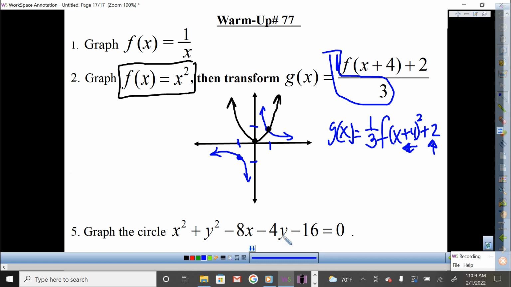So before we move it, tell your neighbor what this 1/3 is going to do to the parabola. All right, good conversations, my goodness. All right, help them out, please. Noor, what is that 1/3 going to do?